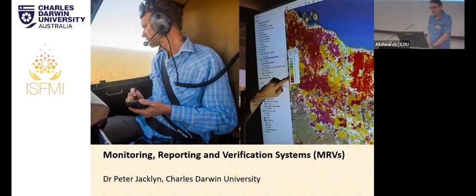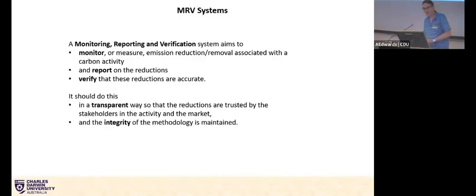I manage the North Australia and Rangelands Information Service, or NAFI, which functions as an MRV, which I'll explain in a minute. So, first of all, what is exactly an MRV? It stands for Monitoring, Reporting and Verification.